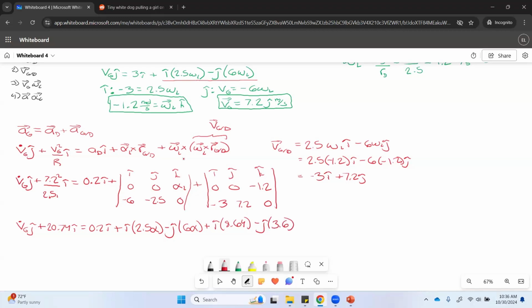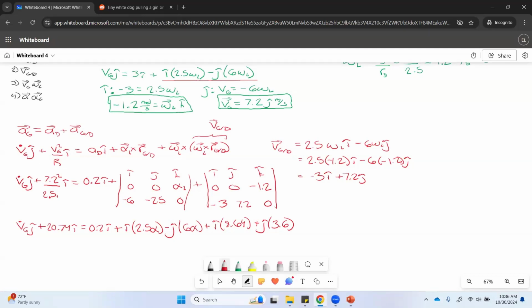Okay, so let's just check the signs on that. So we have that minus that, so that should be a positive, and then negative j times that minus double negative. Okay, so we need a positive here. All right, so now we can just work out the I hat and the j hat components separately.